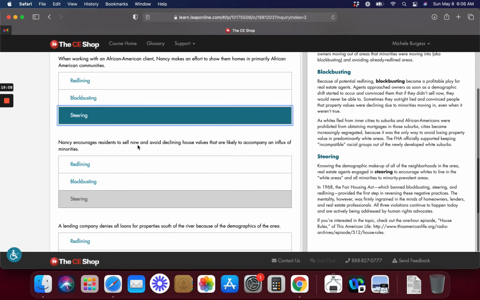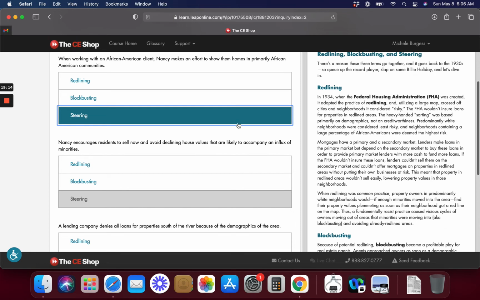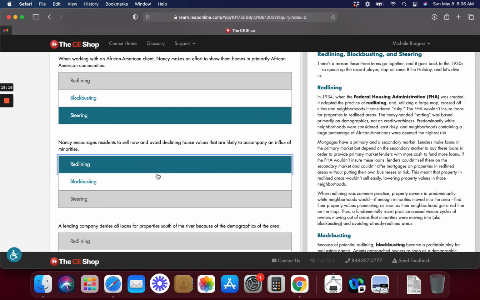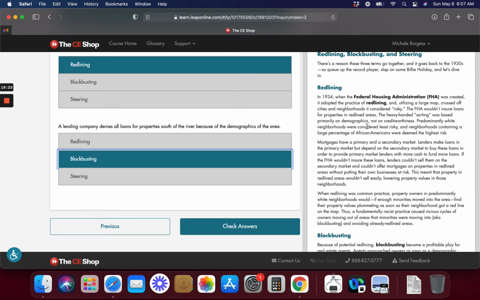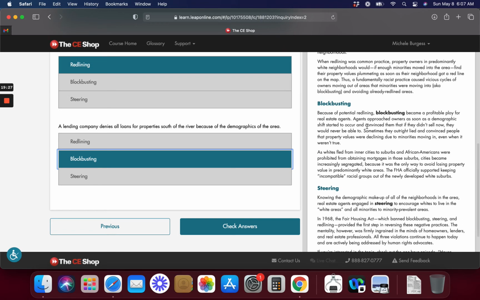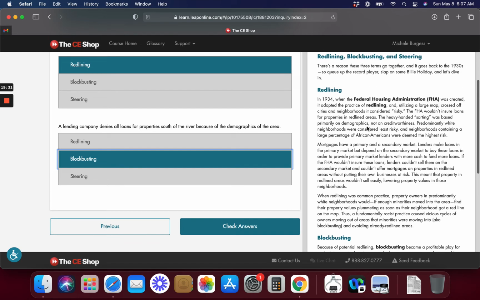Nancy encourages residents to sell now, and I think that is redlining. And a lending company denies all loans for outside of the river because of demographics. That could be redlining, by the way.